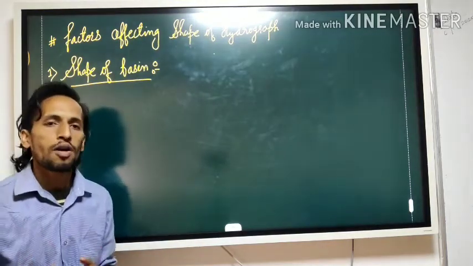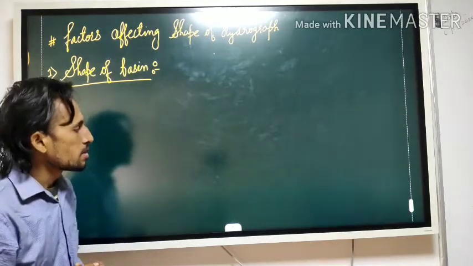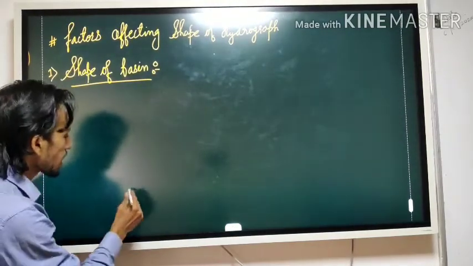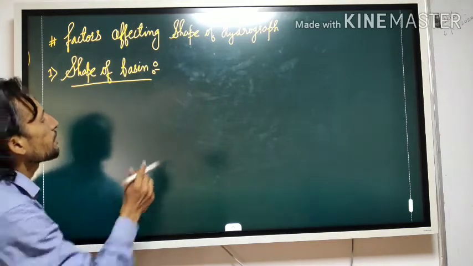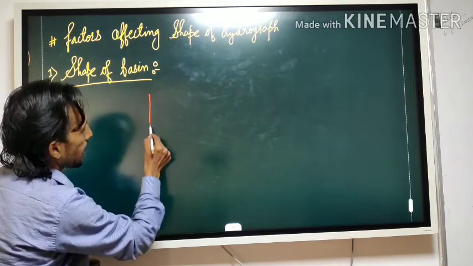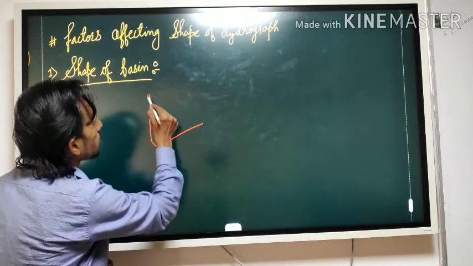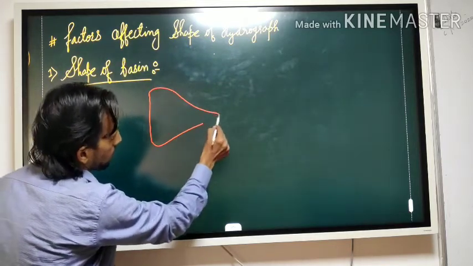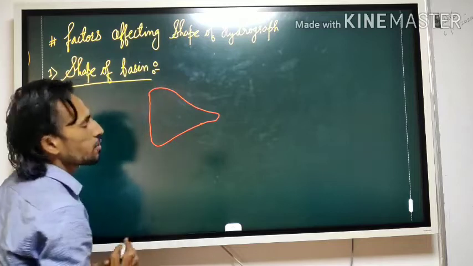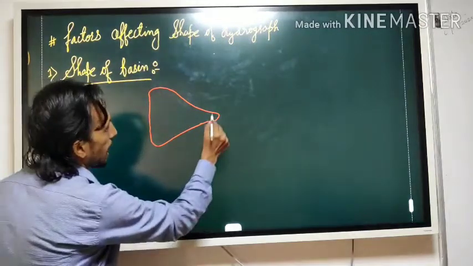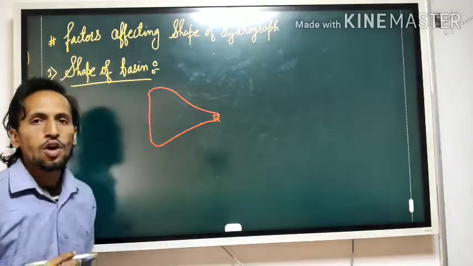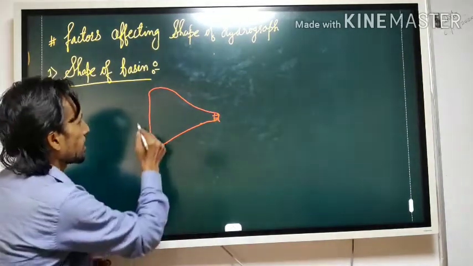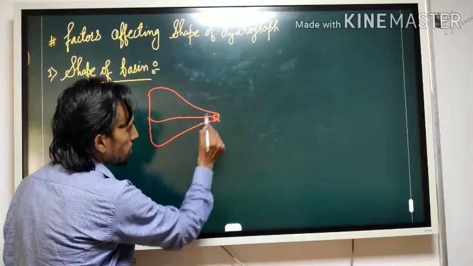What is the shape of your catchment area, and how can this affect the hydrograph? Let's say if your catchment area is like this, and this is your gauge station where you are doing all your calculation, and let us say this is your stream.